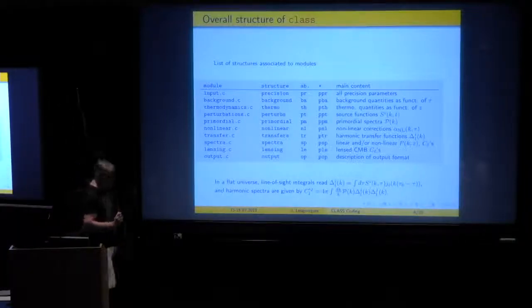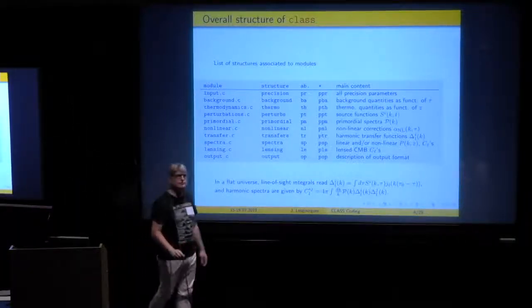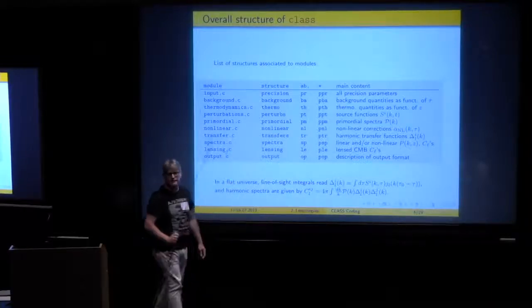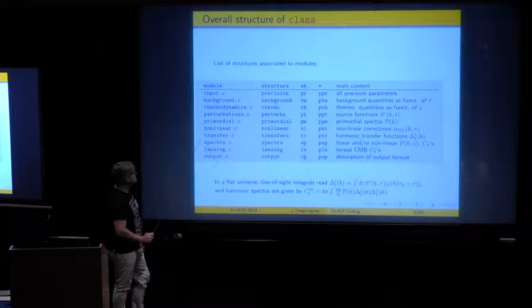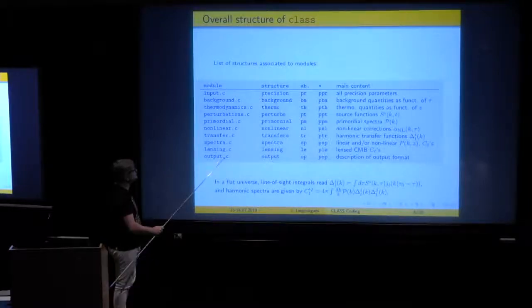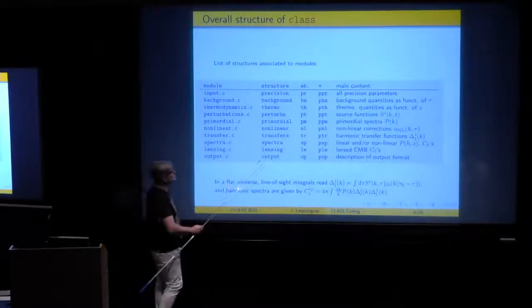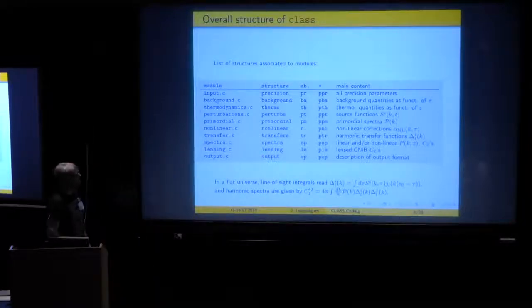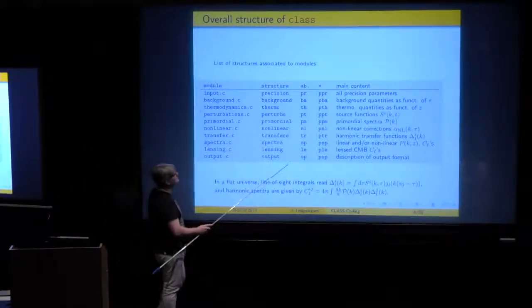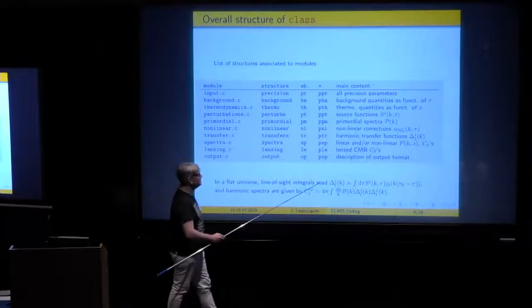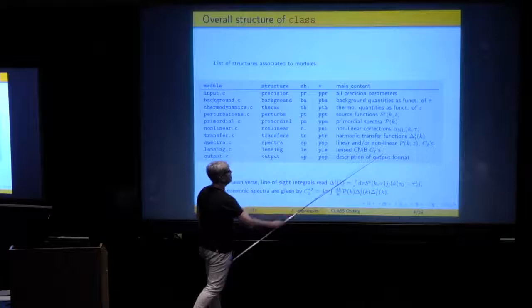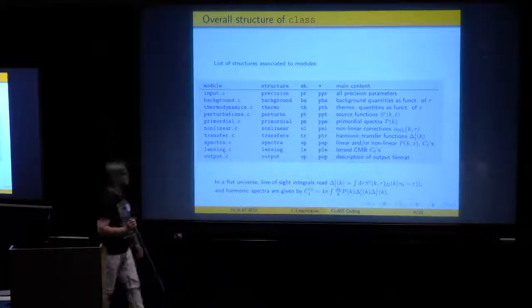But if you are running on the terminal, you still need a module to read the results and write them in files. This is the goal of the output.c module. It has a very small structure which just contains information on the format of the output, abbreviated OP, so the pointer is pop, and the structure contains a description of the format we want for the output.